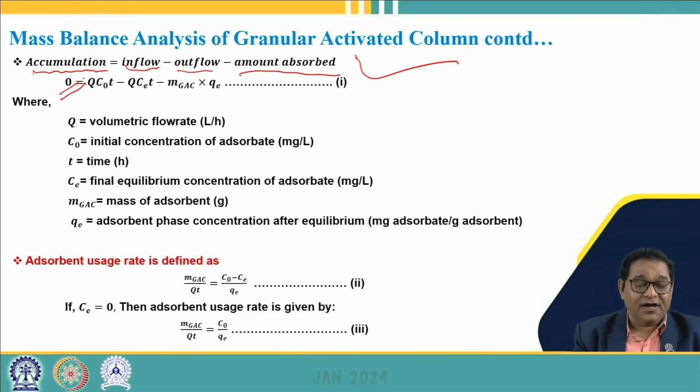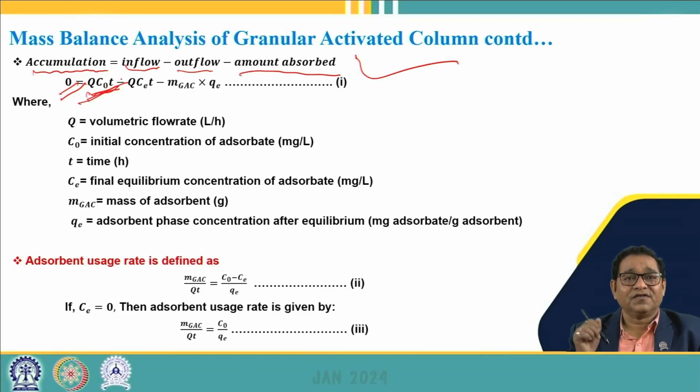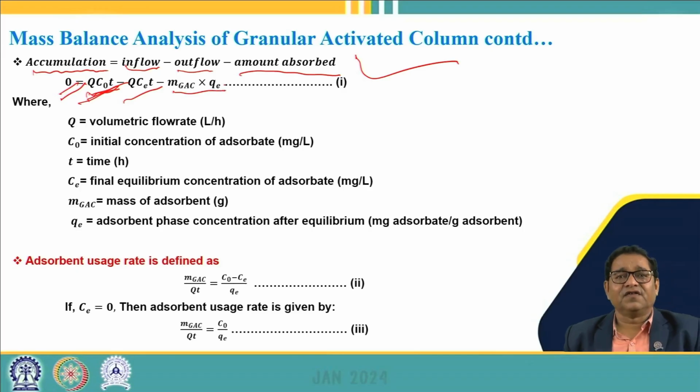In this case the accumulation is 0 and the inflow, that is Q into C0 into T, means how much amount of adsorbate is getting into the column. This is Q into C into T. This gives how much adsorbate is going out of the column, and then this is how much adsorbate is being adsorbed within the adsorbent, that is MGAC into QE.